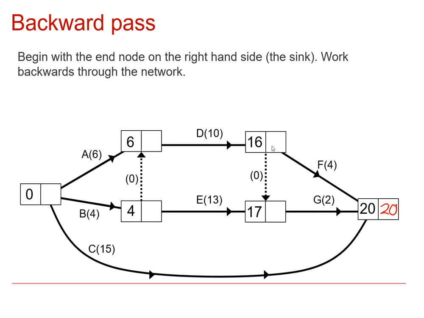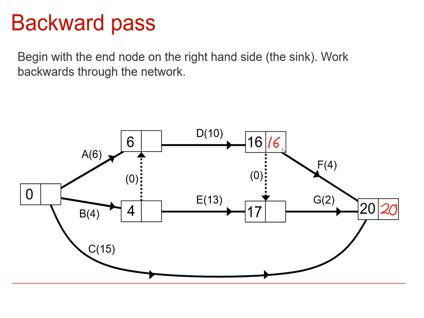Then what we do is we look at any nodes which directly precede this one, and look at the time that would have to start by in order to realize this latest time here. So for this one, this activity takes 4 seconds, so this would have to finish at 16.